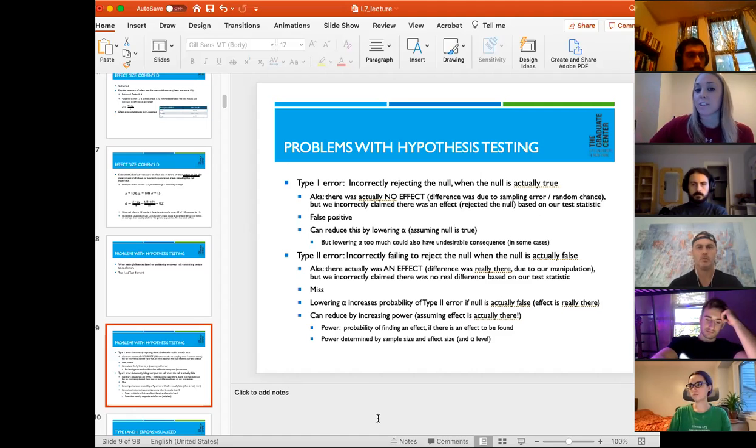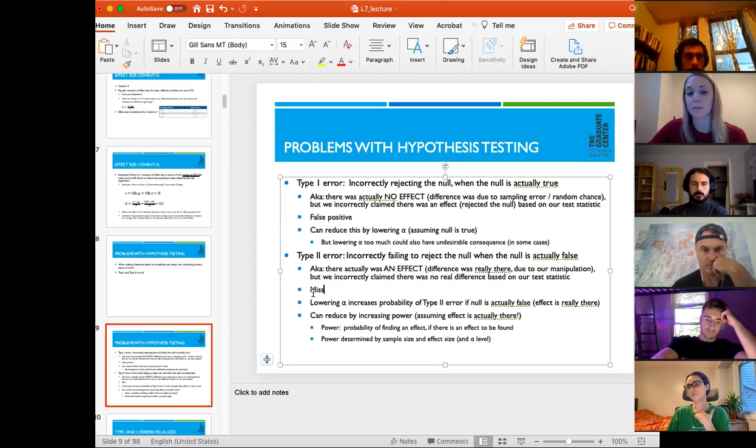So if your sample size is small and you fail to reject the null, then you may have committed a type 2 error, because perhaps there was an effect there, but you just missed it. A miss is the other way you can think of a type 2 error. You can think of a type 1 as a false positive, and a type 2 as a miss.